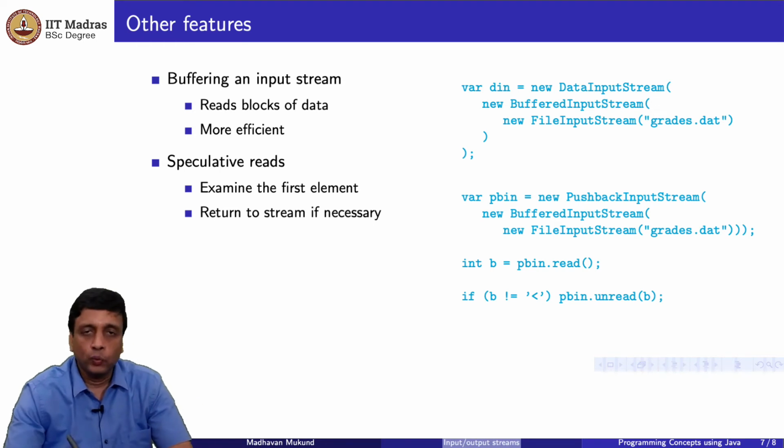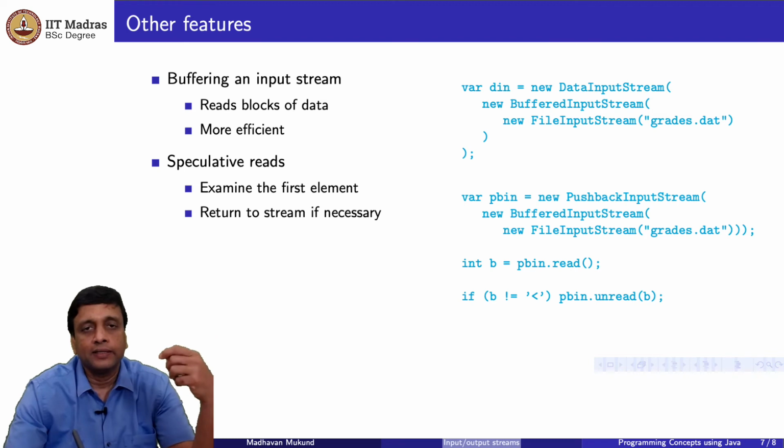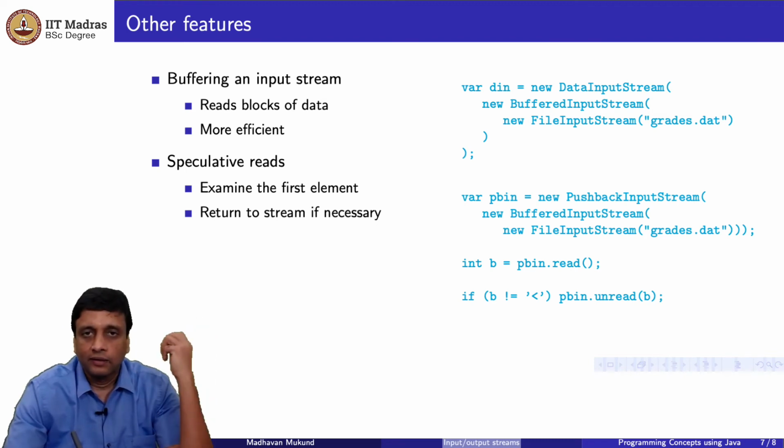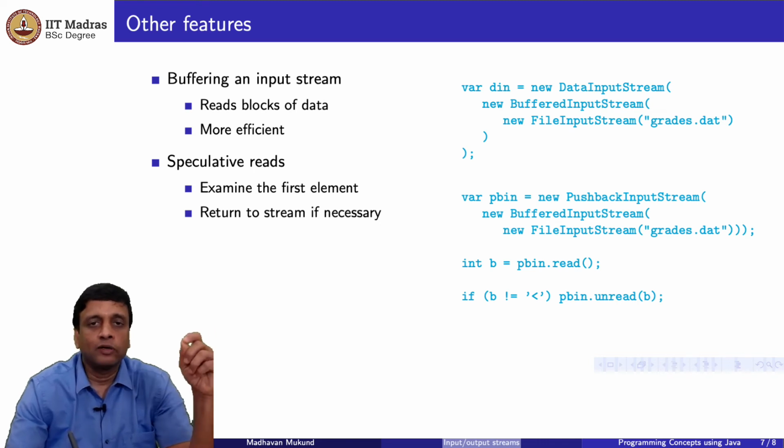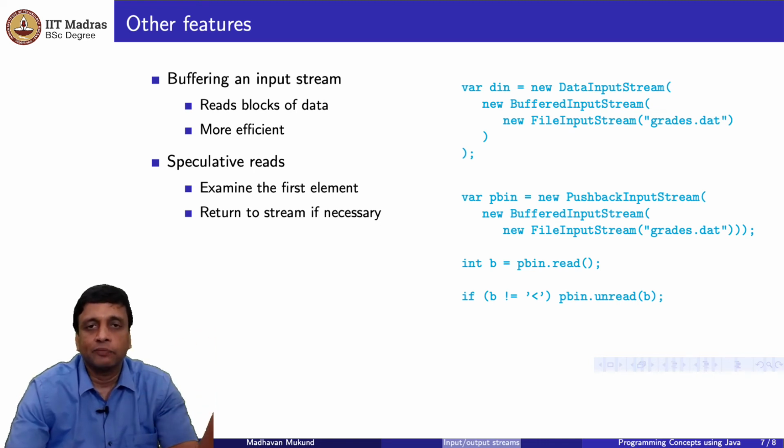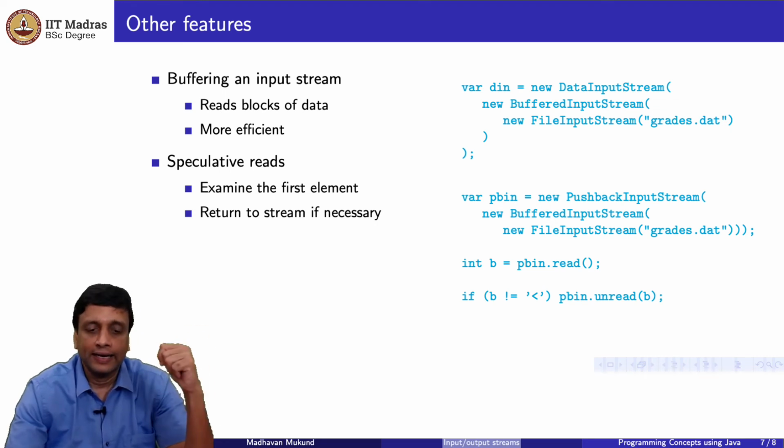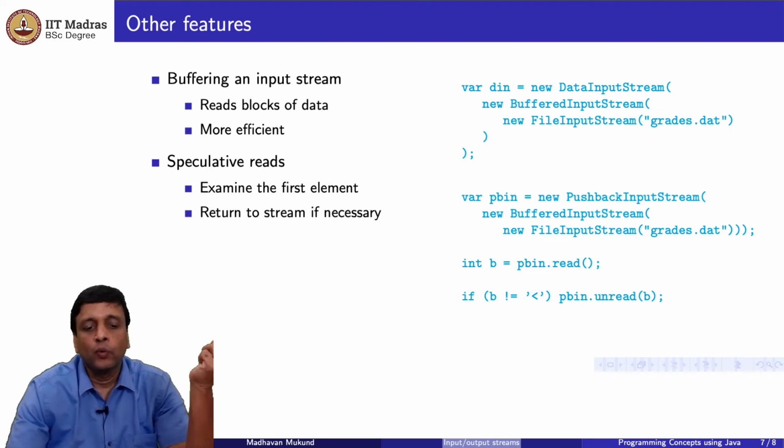Another thing that you can do is to examine something which is available in the stream without consuming it. When we looked at collections a long time ago, we looked at these peek methods, where we could look at the top of the stack or the front of the queue and not actually read it. The same thing we can do with what is called a pushback stream, right?